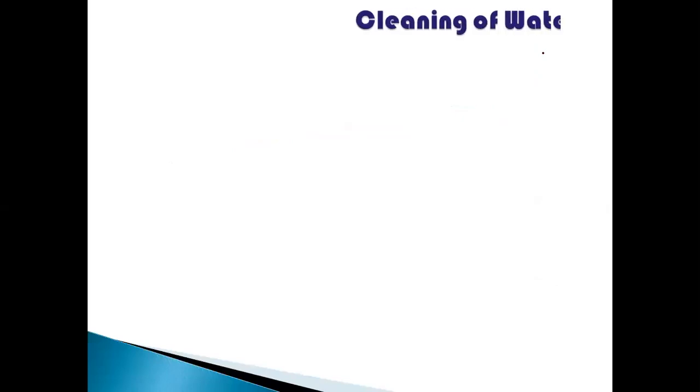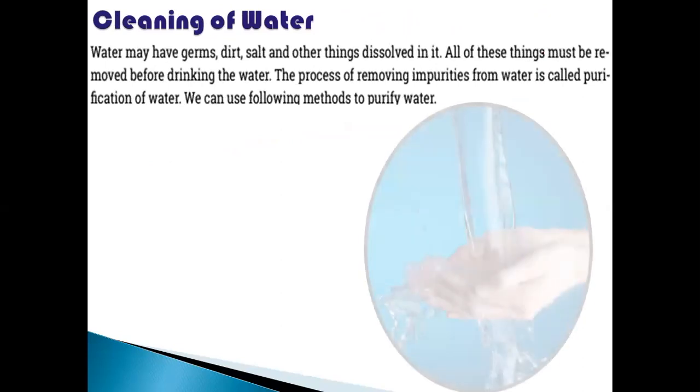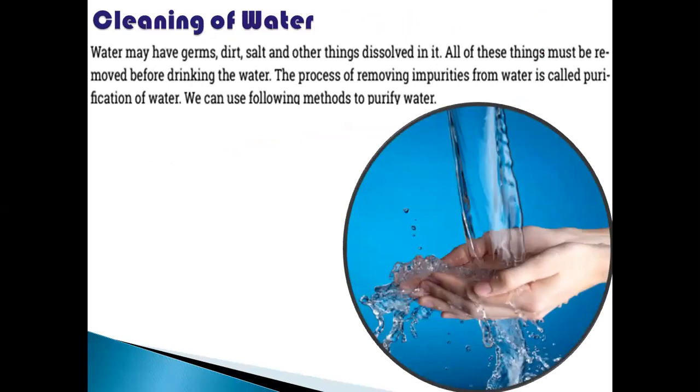Yes, dear students, we will see here cleaning of water. In the previous topic, we have discussed water impurities, that how the water is polluted. Now we are going to see how that polluted water can be cleaned, can be purified. We know that lots of germs, dirt, salts, and other chemicals are dissolved in the water.